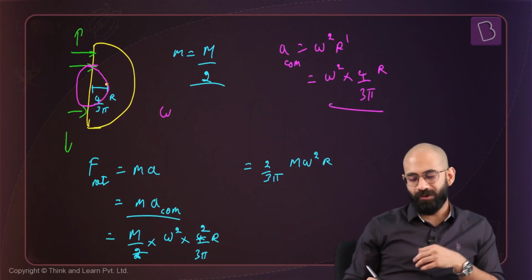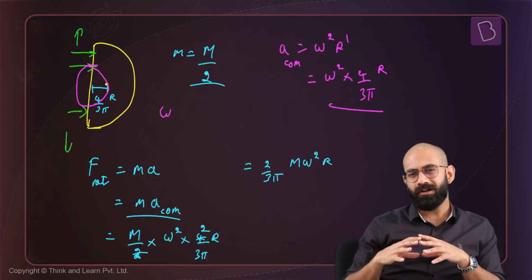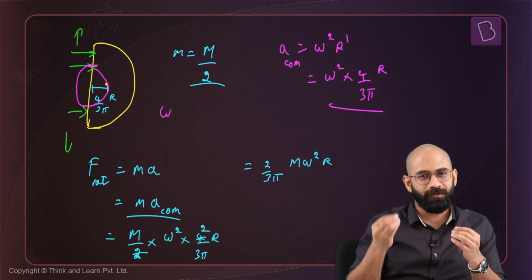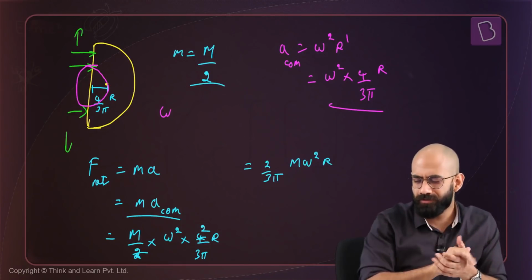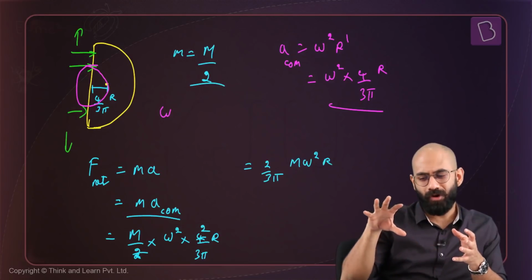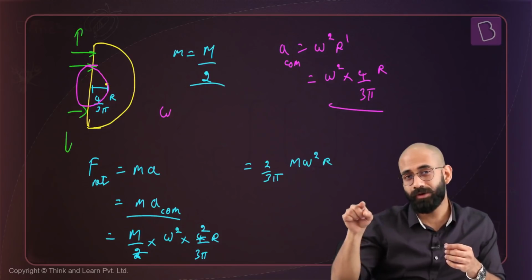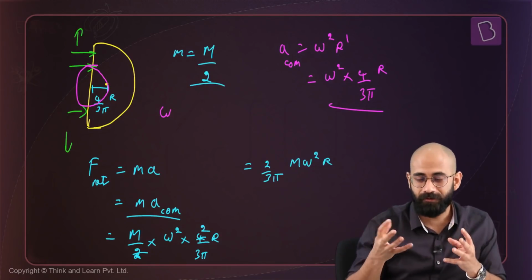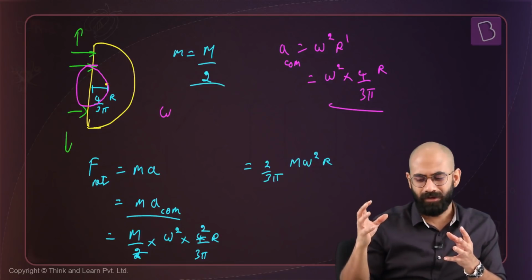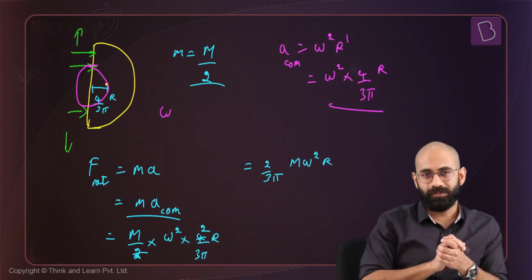Now this might seem like a weird way to do this problem, but if you notice, we're using the concept of center of mass very cleverly over here. So I'll just quickly go through the reasoning. We know that this object is rotating, which means its center of mass should be going through circular motion. That's correct, right? And we know the position of the center of mass because it's a uniform semicircular disk, which will be at a distance of 4 by 3 pi into r from the center.